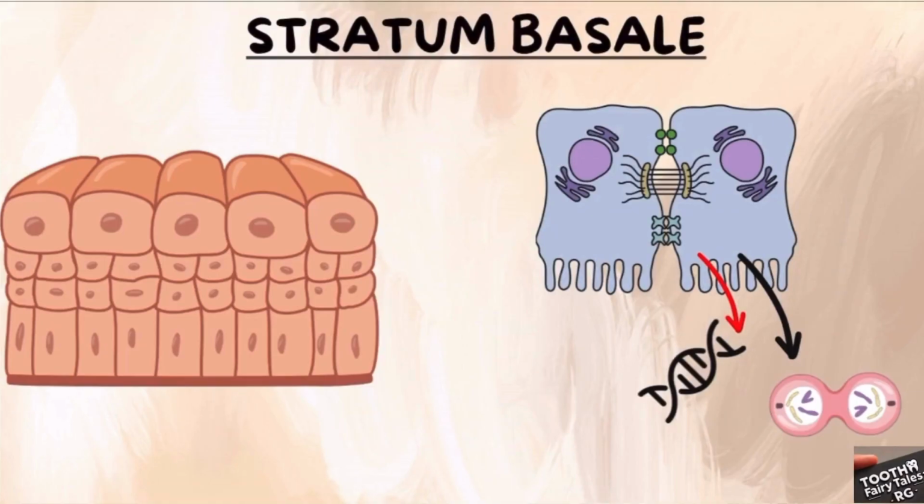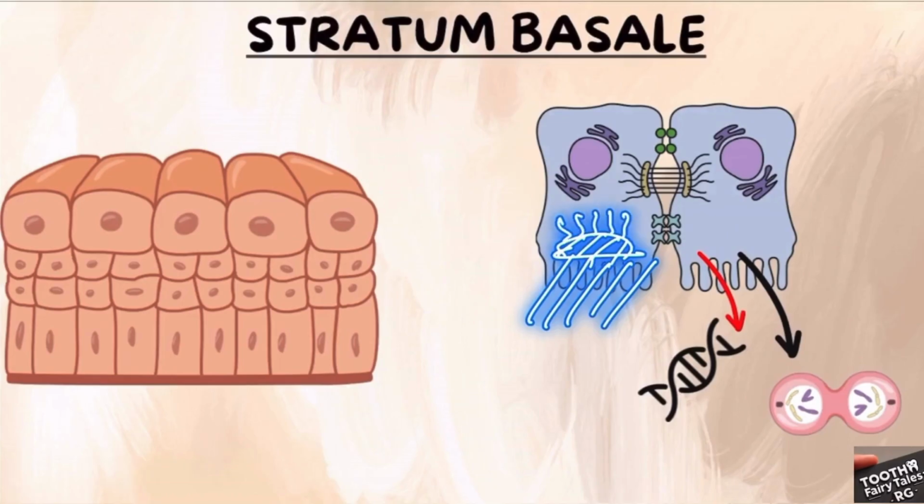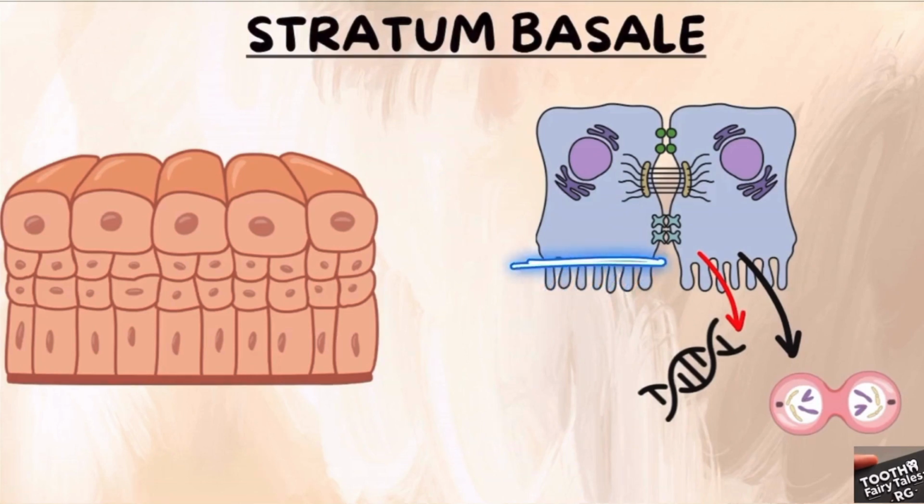Basal cells also have specialized structures which are known as hemidesmosomes. These hemidesmosomes are present at the bottom of the basal cell, and they play an important role in attaching the basal cell to the basal lamina. This is how the basal epithelial cell is attached to the basal lamina. And let us see how two basal cells are connected with each other.